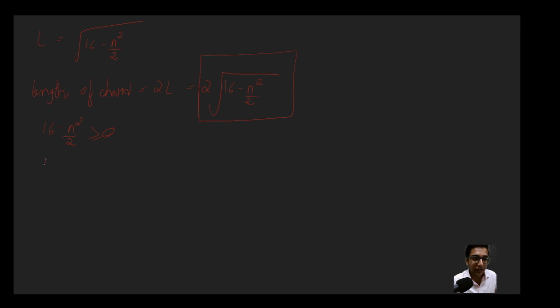So n square by 2 is less than equal to 16, or n square is less than equal to 32, n is less than equal to root under 32, and root 32 can be written as 4 into 4 into 2, so this becomes 4 root 2.